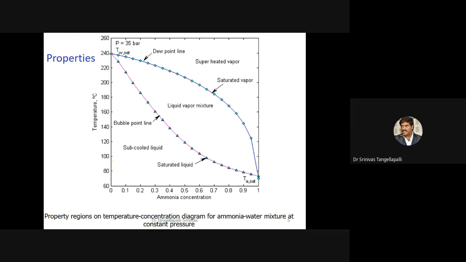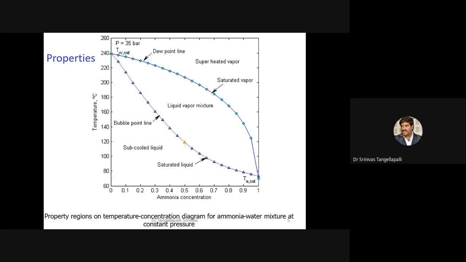Between 240 and 70 degrees centigrade, the saturation temperature changes as X goes from 0 to 1.